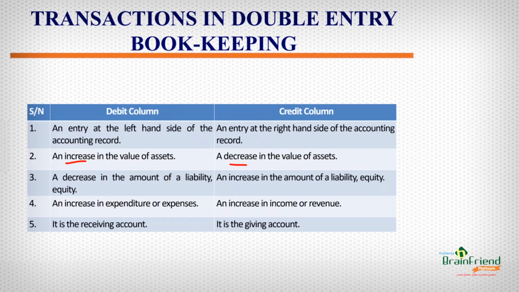So while we have liability and equity decreasing in the debit column, in the credit column, liability and equity are actually increasing. The fourth difference, so to say, is that in the credit column, we have an increase in income and revenue. And then lastly, the credit column is a giving account.